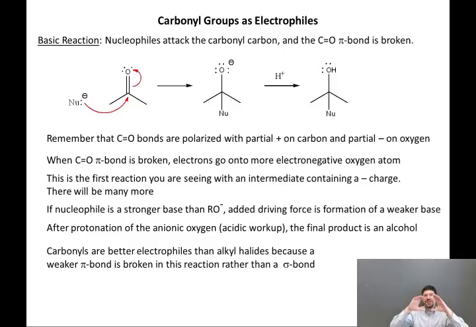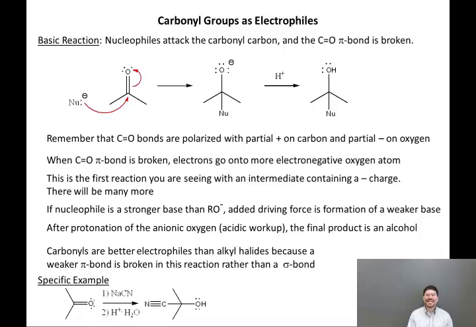They come from the overlap of p orbitals rather than the overlap of sp3 or s orbitals. So it is easier to break a pi bond than it is to break a sigma bond. Therefore, carbonyl addition is actually a very facile process. And we call this an addition reaction because the nucleophile and a hydrogen atom are added to the molecule.